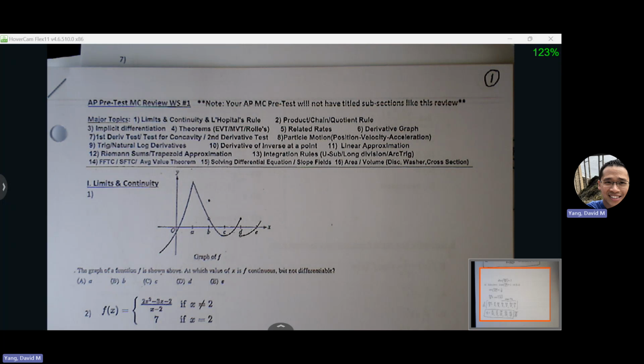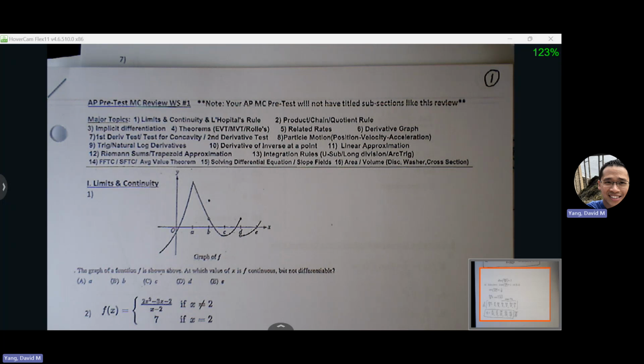This is where we create our chart and work our way through the chart to build that relationship between a function and its inverse. Linear approximation: this is where you find the tangent equation, and then you plug the decimal value that they give you back into that tangent equation. And then the second portion are the integral topics: Riemann sums, trapezoid approximation, integration rules like U substitution.